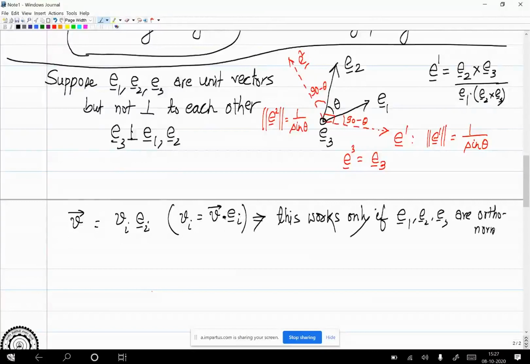Ortho means perpendicular to each other and normal means normalized. So E1, E2, E3 are unit vectors and perpendicular to each other. So this works only if they are orthonormal.